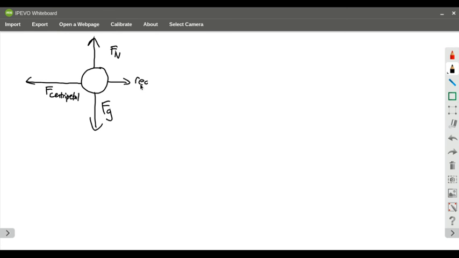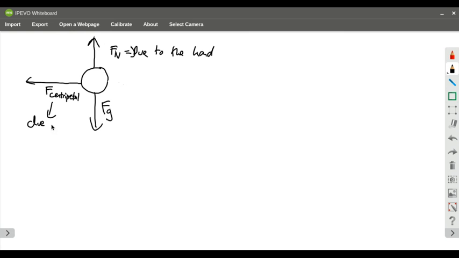Oh, wait, hang on a second. Okay, so no, there's no reaction force on the ball into the hand. So gravity's acting due to gravity. This normal force up here is due to the hand, and then this one here is due to the fingers.